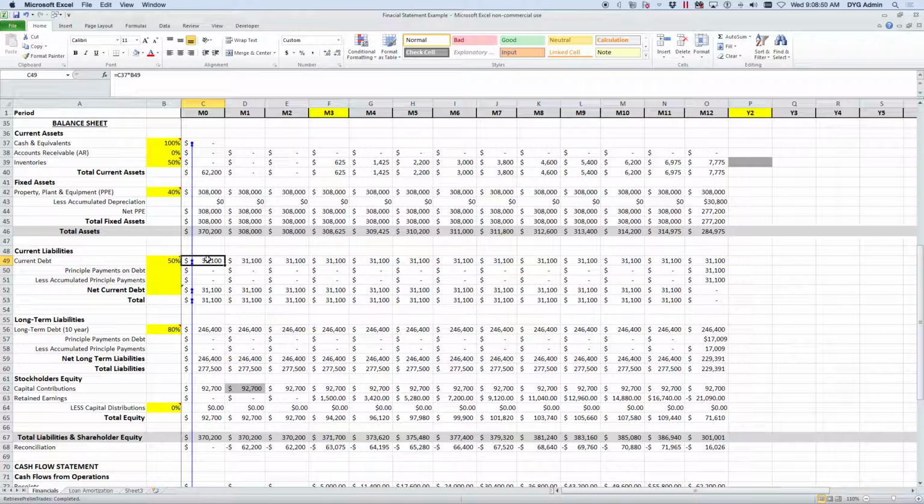So what we've got is a circular reference here, because we did this on the basis of whatever number we put up there instead of just plugging a number. So what I'm going to do is just go ahead and put the 62,200 up there.